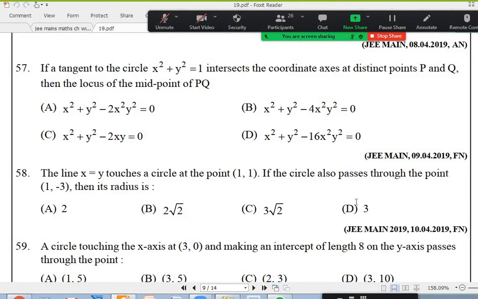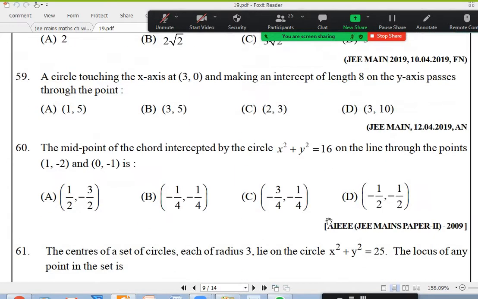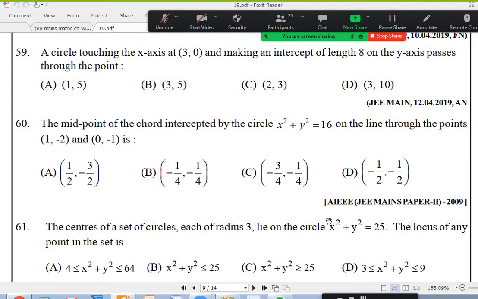No, sir. Okay. Up to 61, any doubt? Sir, can you explain 61 once?